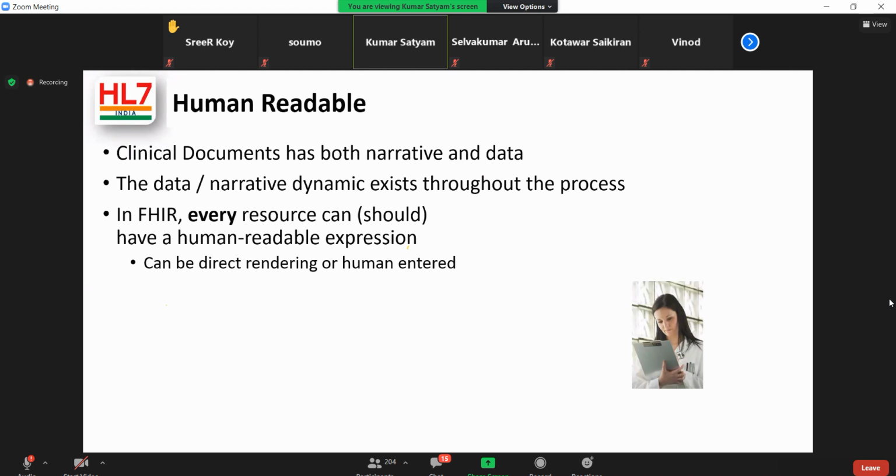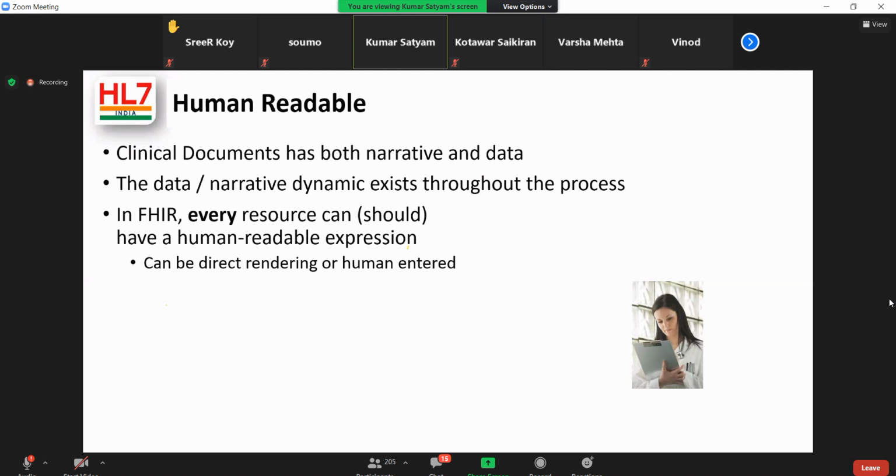Okay. The thing that we wanted to talk about was the human readability piece. Now most of the focus is on machine readability: the machines can understand the message, understand the spec, and parse and work. But how do you know whether that resource is right or not? If you got the resource, can you verify it manually?